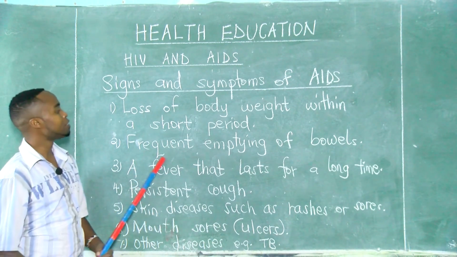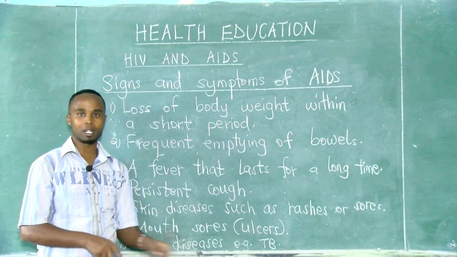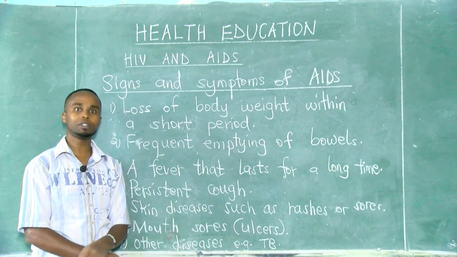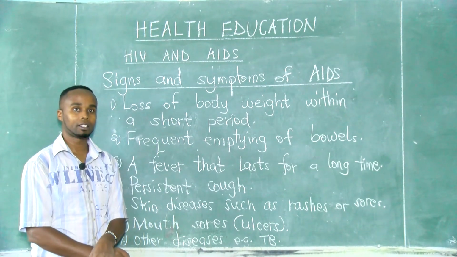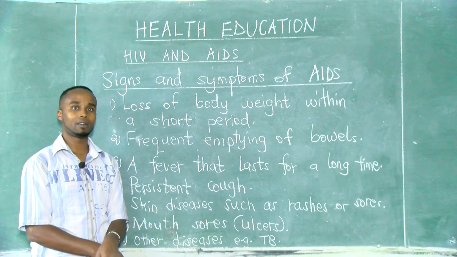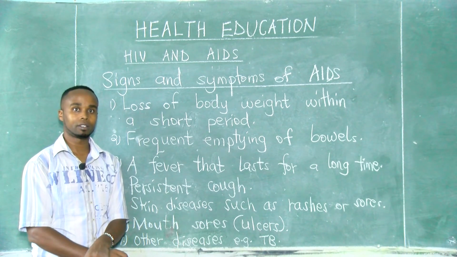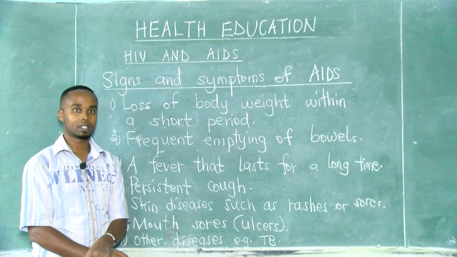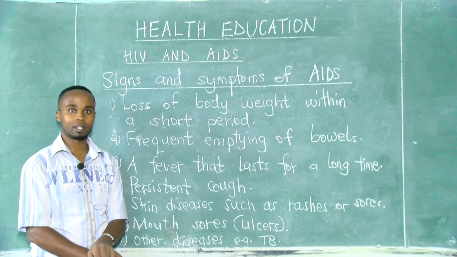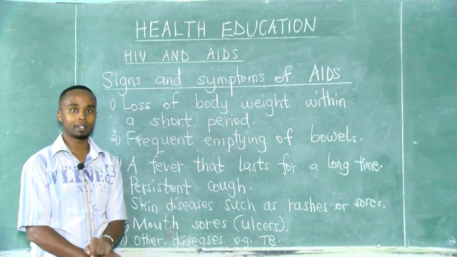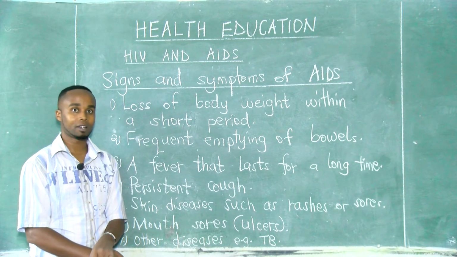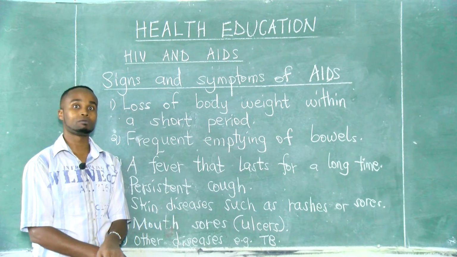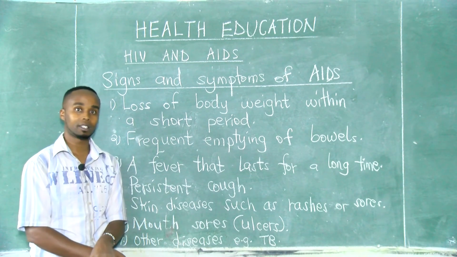Another one is frequent emptying of bowels. Kunya. Yes, in other words, we say diarrhea. Others say that they have a running stomach. A frequent running stomach, frequent diarrhea, and sometimes violent diarrhea.